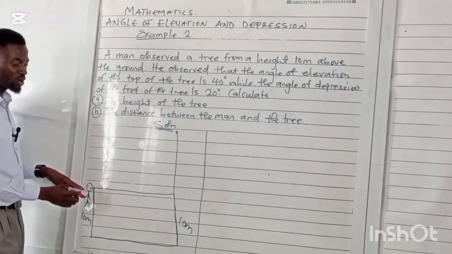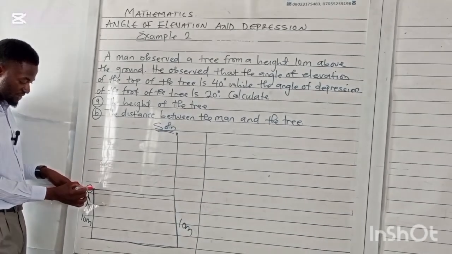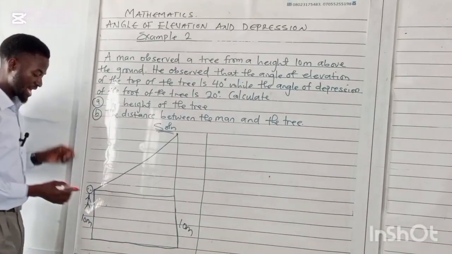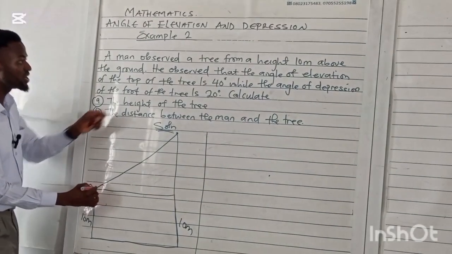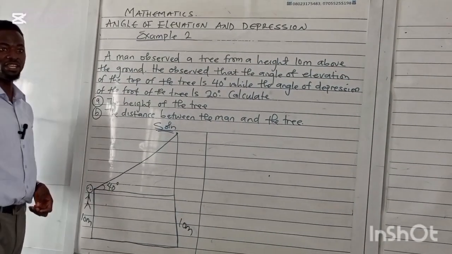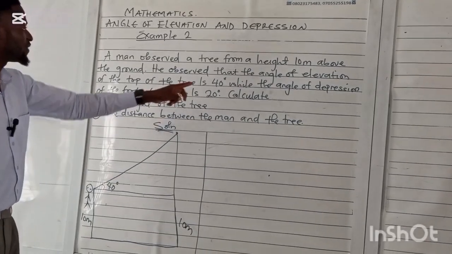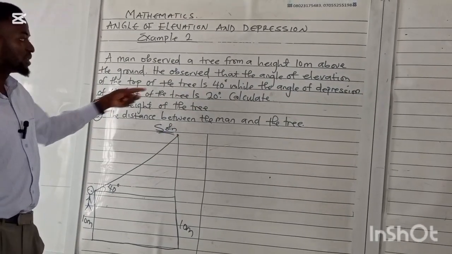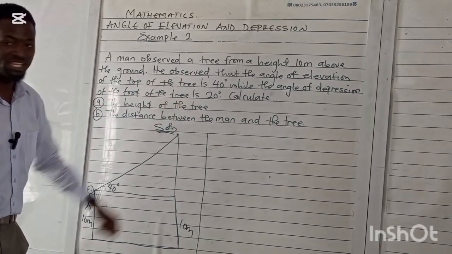So now this is the angle of elevation. It creates an angle here, and the angle is 40 degrees. While the angle of depression of the foot of the tree is 20 degrees.